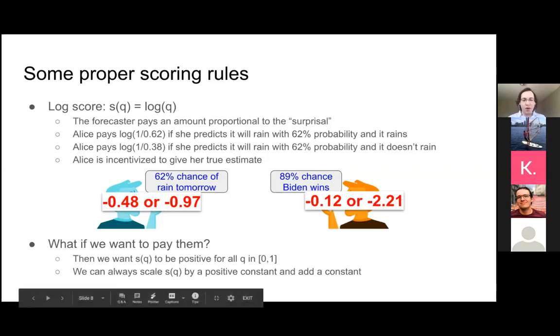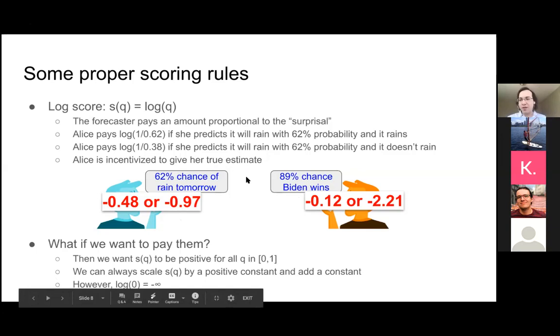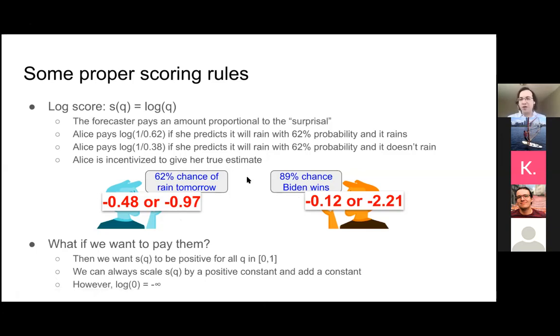We can always scale S of Q by a positive constant and add a constant to make the scoring rule positive. But of course, it doesn't work with the log scoring rule, because log of 0 is negative infinity, so there's no amount of shifting this function that will give you something positive.